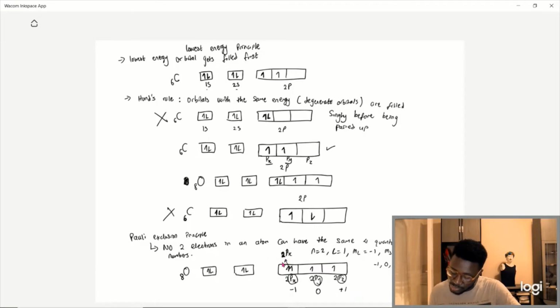So because of the Pauli exclusion principle, when you're pairing up electrons, one of them must be up and one of them must be down, so that they cannot have the same spin, because they're already sharing the same orbital. That means they're already sharing the same n, the same L, and the same ml, so they cannot have the same spin. So if one is up, one has to be down, because that's the only way you can obey the Pauli exclusion principle.